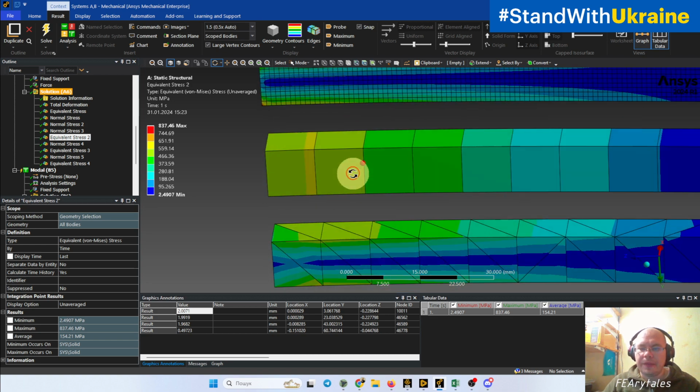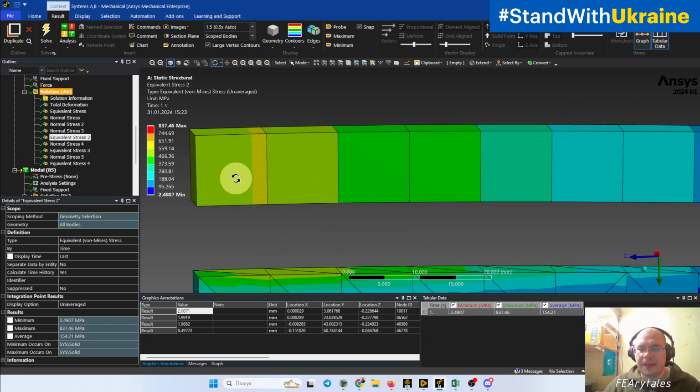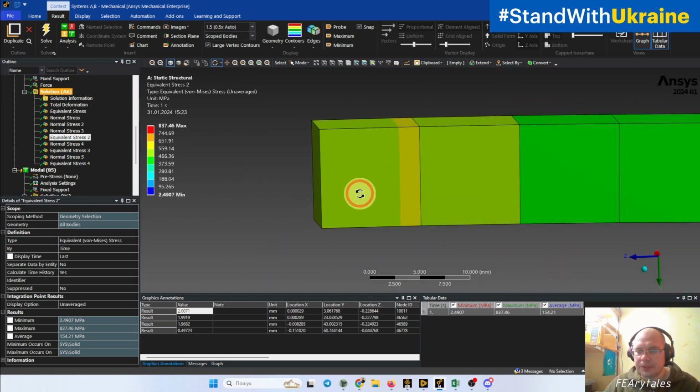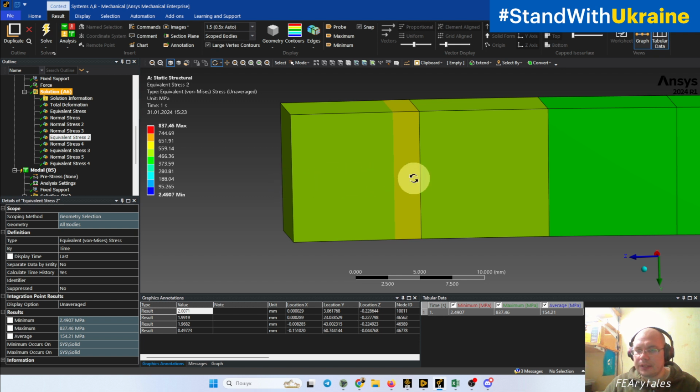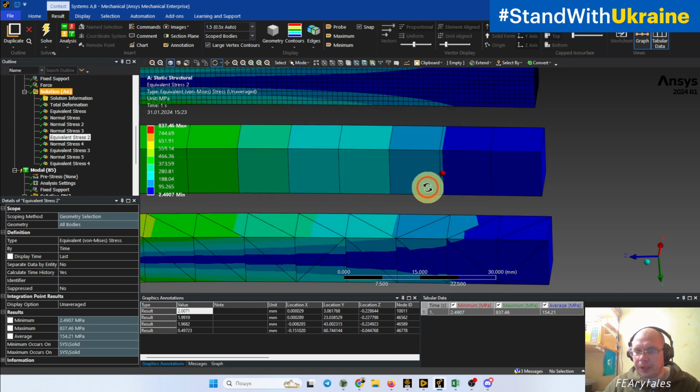So this is an averaged value, and we can see that this element has the linear stress distribution. It changed from one node to another node inside of one element, and we can find it's also here.